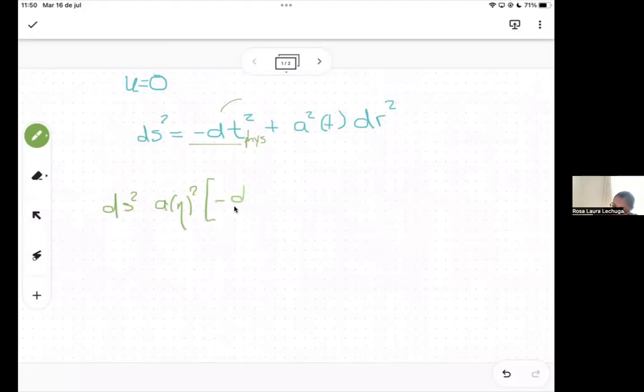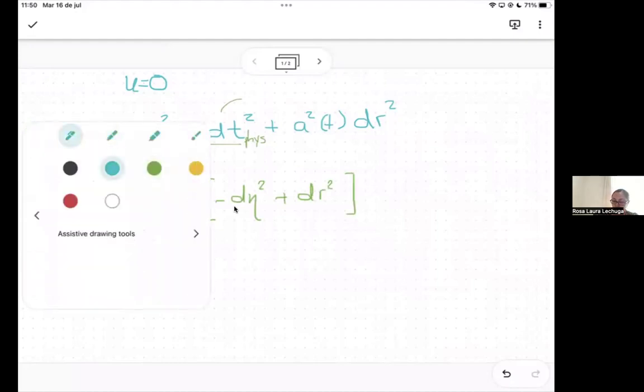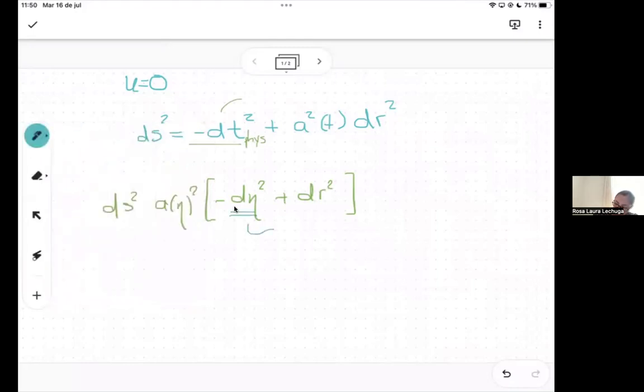And now you have this. And what is this time? This time is the conformal time. And as you can read, if you compare the two expressions, it's only a factor. We change here because now dt divided by a gives us the conformal time.